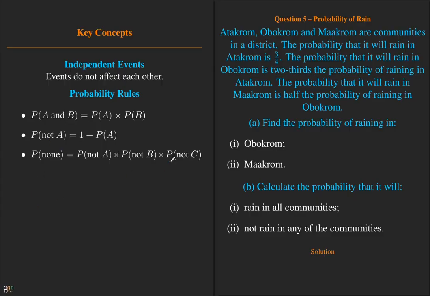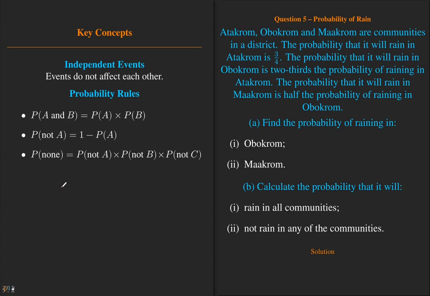Finally, in this case, we have 3 communities. If you want the probability of all these 3 events not occurring, then we would find the probability of A not occurring, the probability of B not occurring, and the probability of C not occurring. This is an AND statement.